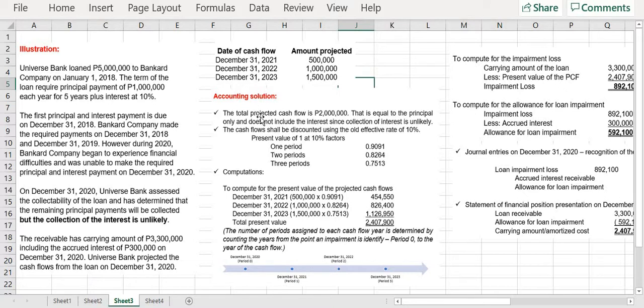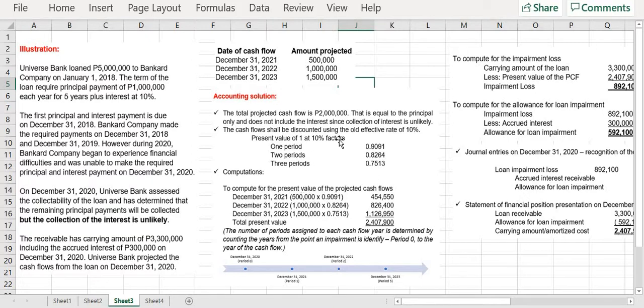No? Okay, so, kunin natin yung mga present value factor. No? So, from December 31, 2020 to December 31, 2021, that's one period. Okay, kunin natin yung present value ng mga cash flows na ito. Ayan. So, meron tayong present value of 1 at 10% for 1 period, for 2 periods, and then for 3 periods. Ayan.